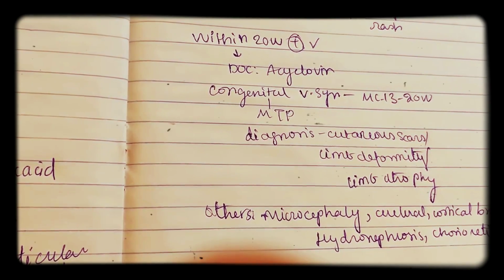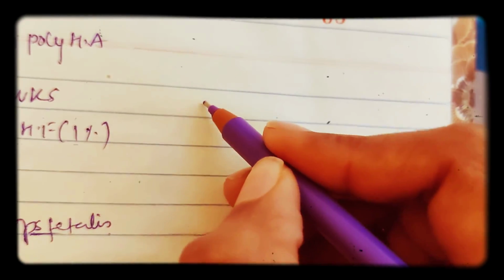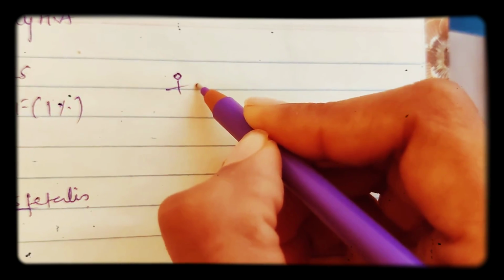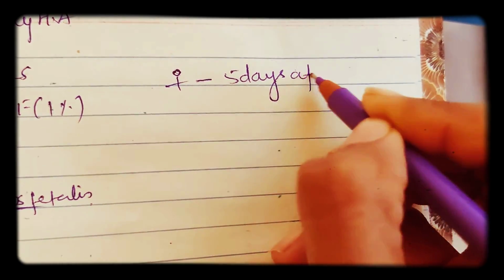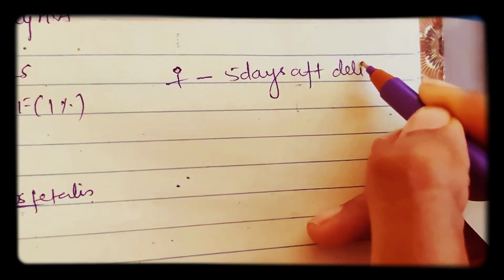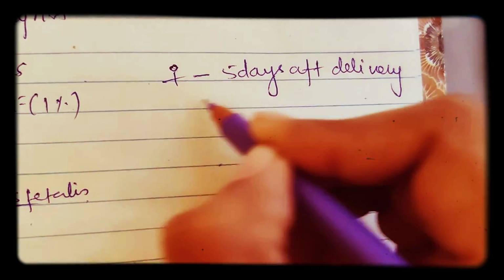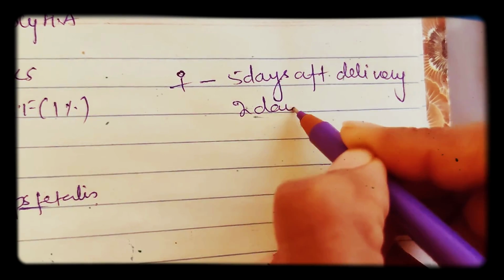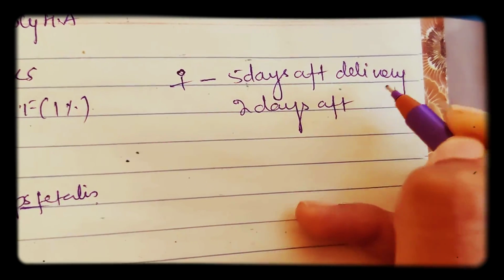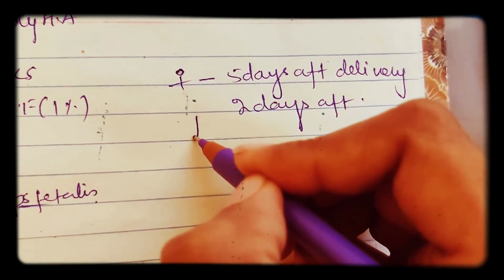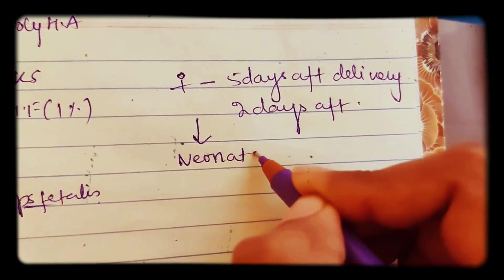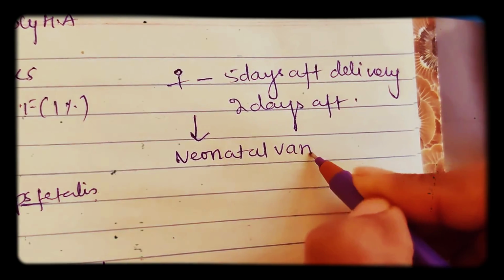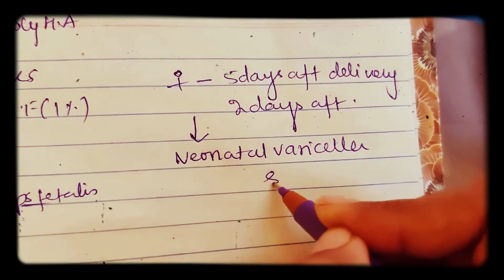And if the mother acquires infection 5 days before delivery or 2 days after delivery, what do we need to do? If the mother gets varicella zoster around delivery, then it is called neonatal varicella syndrome.